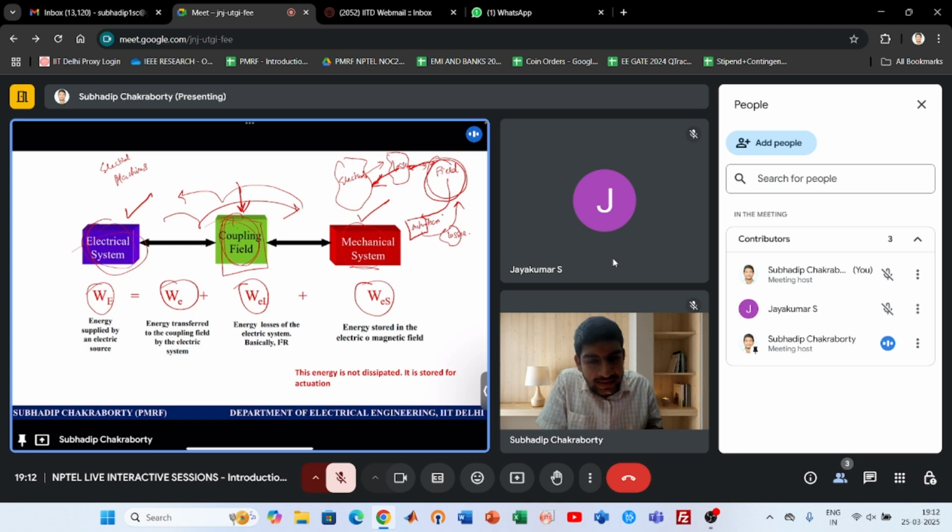And if you have some energy, you can convert it to some form of force, right? If you have some energy, you have some work done by the work-energy theorem. So del energy is nothing but work done, and work done by displacement can give you force. So this is a mechanical parameter. Again, by Maxwell's theory, you also know that if you have a time varying electric field or time varying magnetic field, you can generate some voltages, right?